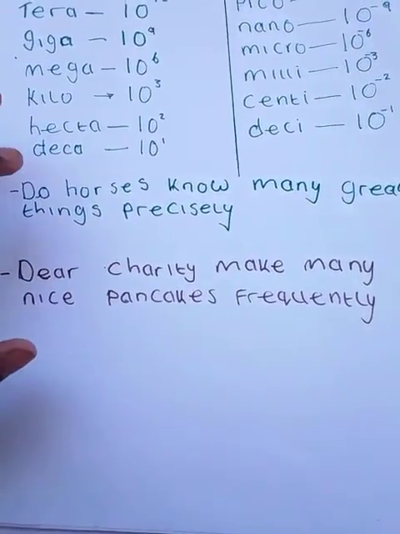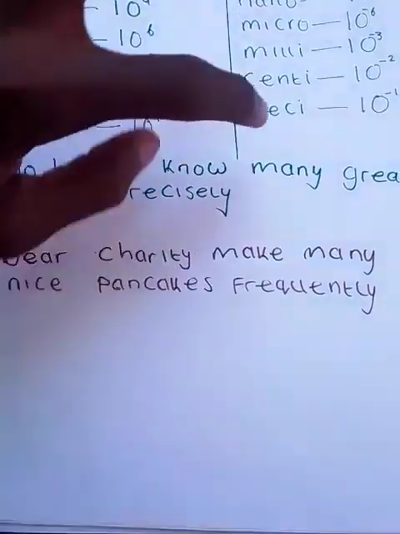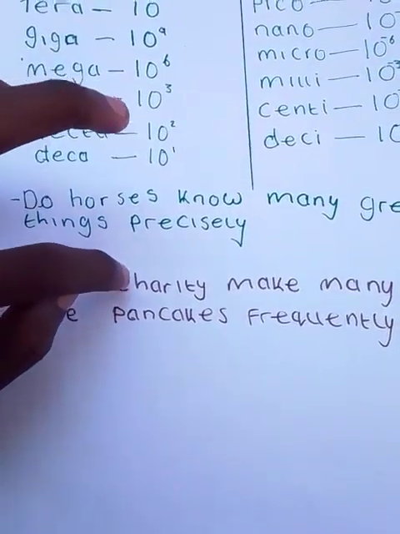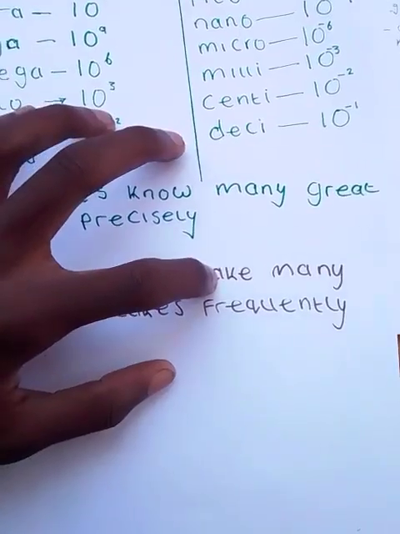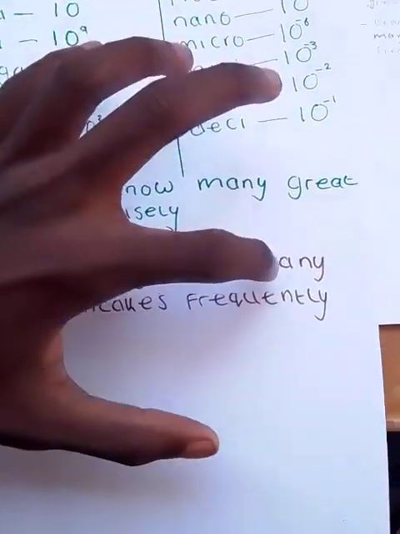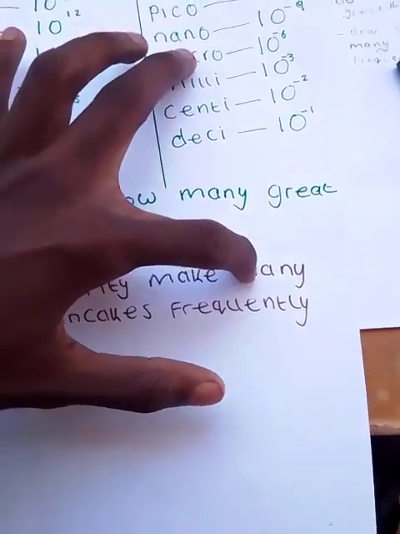In this case, D from the word dear represents deci, and the C in the word chariot represents centi, and the M in the word make represents milli, and the M in the word many represents micro.